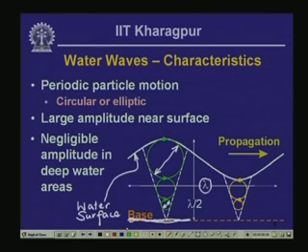Now what happens in this particular case is that the energy, as in case of other waves that propagate radially away from the location where the waves were generated because of some disturbance at the water surface, actually dies out. But the speed or the ease with which the energy dies out or decays depends on the wavelength of the wave.